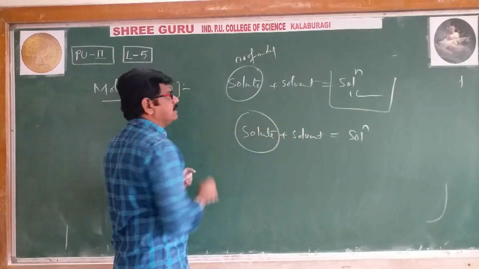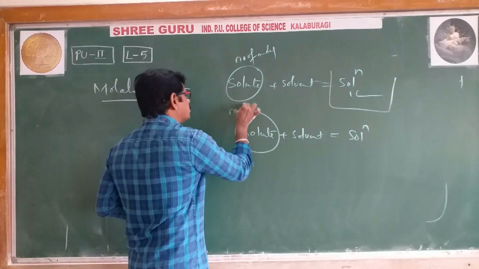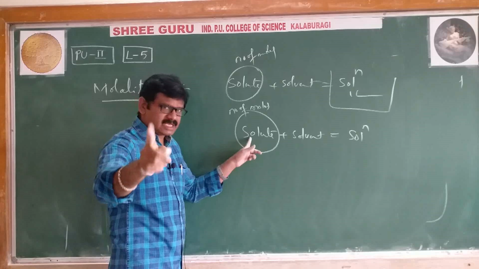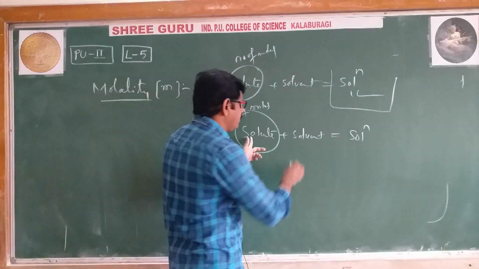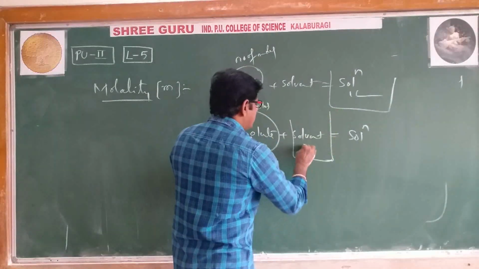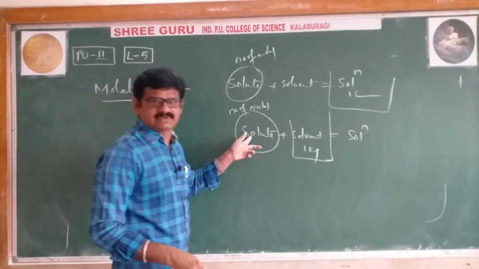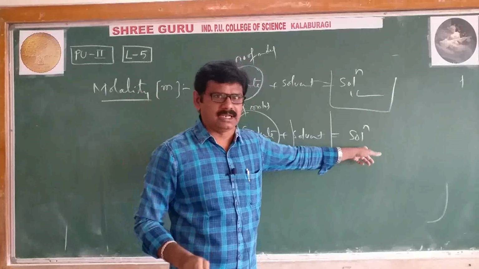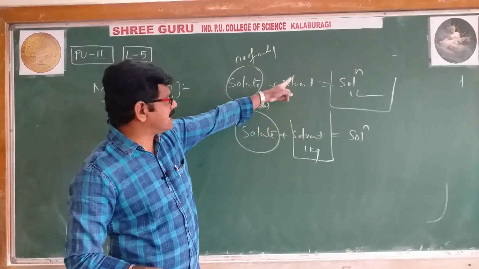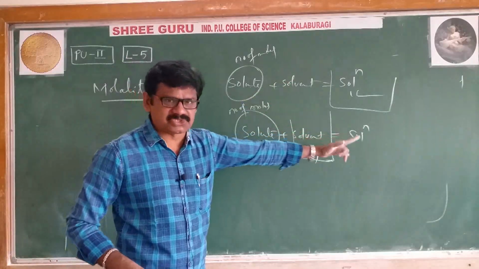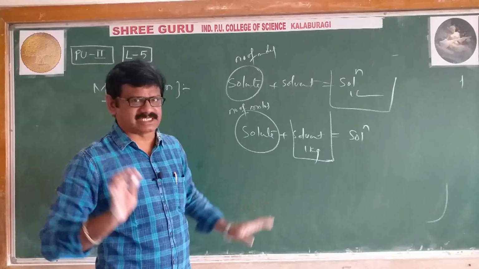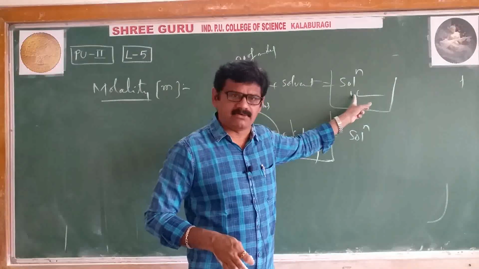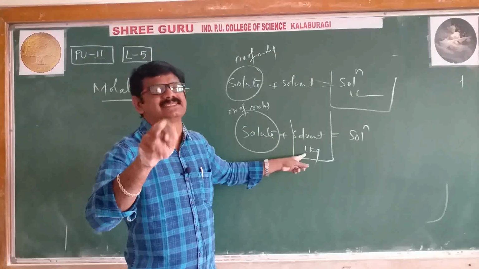Same concept again: number of moles of solute, no difference. Number of moles of solute dissolved in, the very important thing, 1 kg of solvent. Here the solution has no role. The solvent volume has no role in the definition. Where a volume term was involved before, here a mass term is involved.